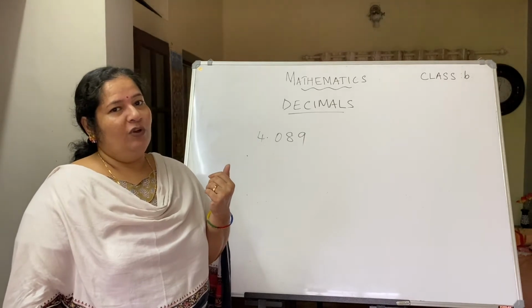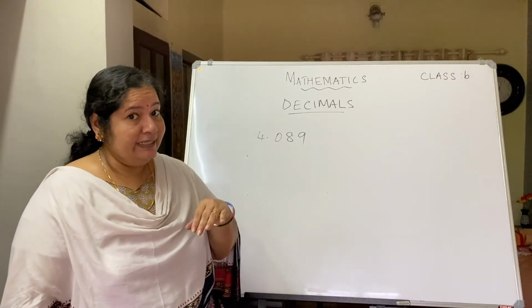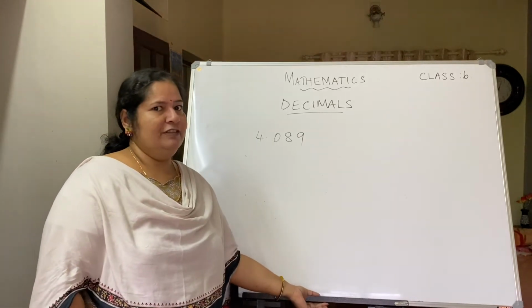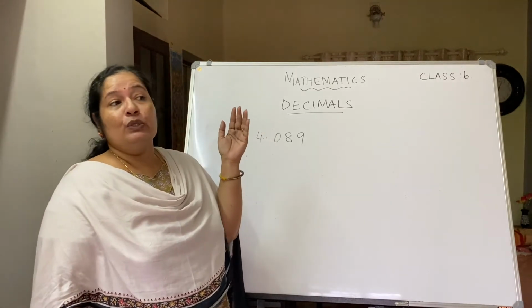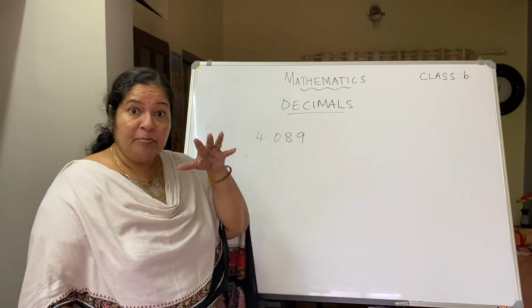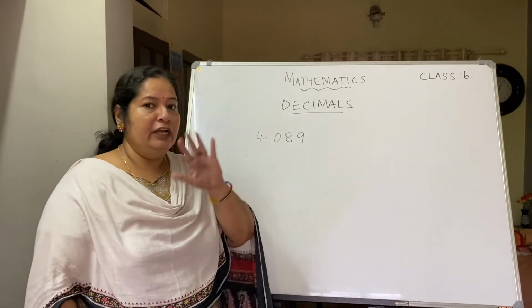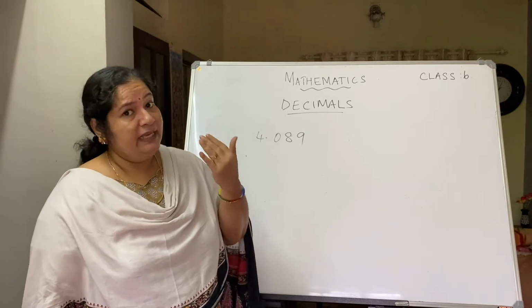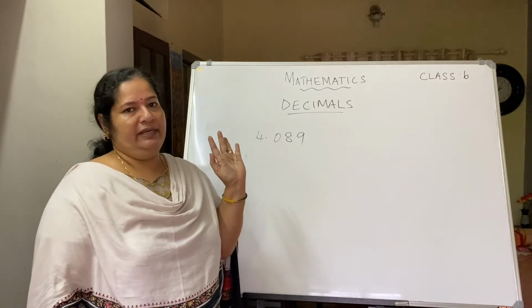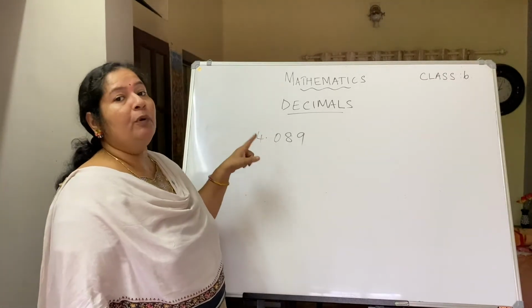No. Even if there is no digit, there is a digit of course. 0 is there. A number is there. So it has got a place. The value is 0, but it has got a place. So that place also should be read. So you will read this as 4.089.